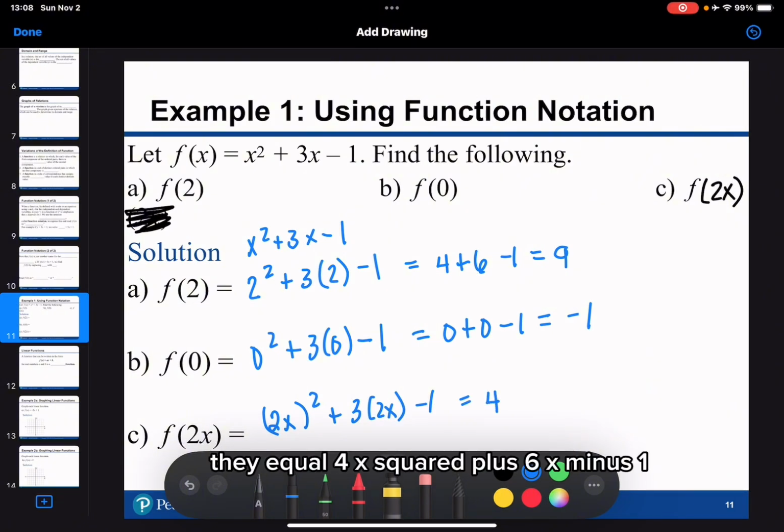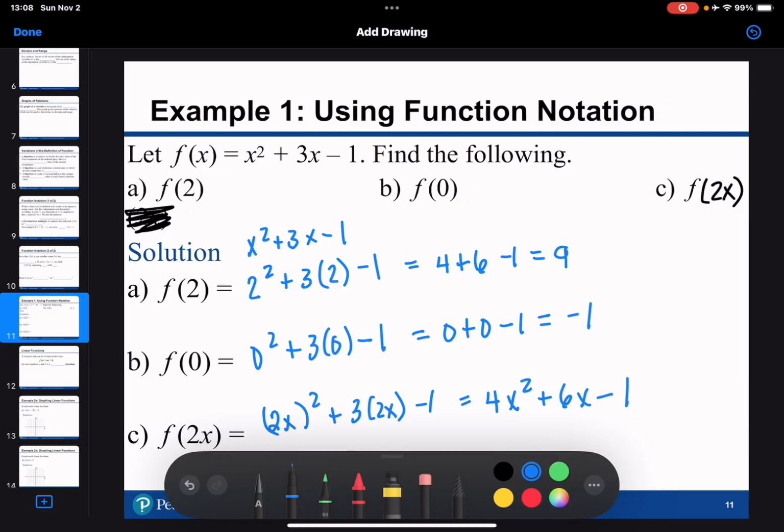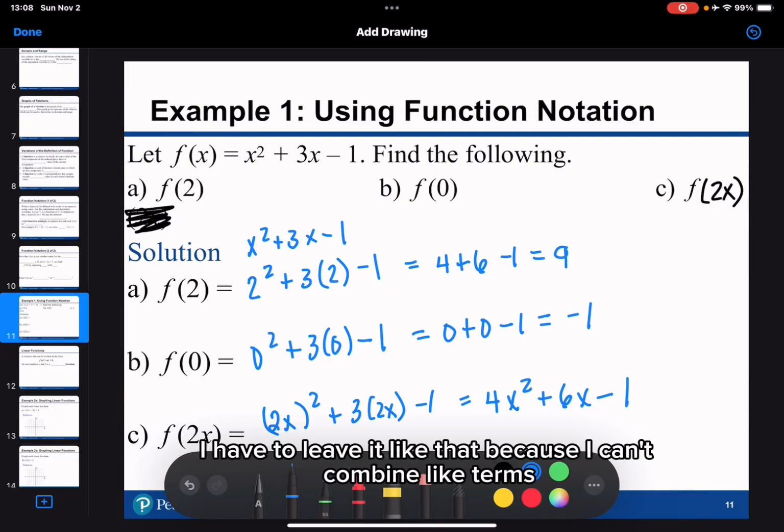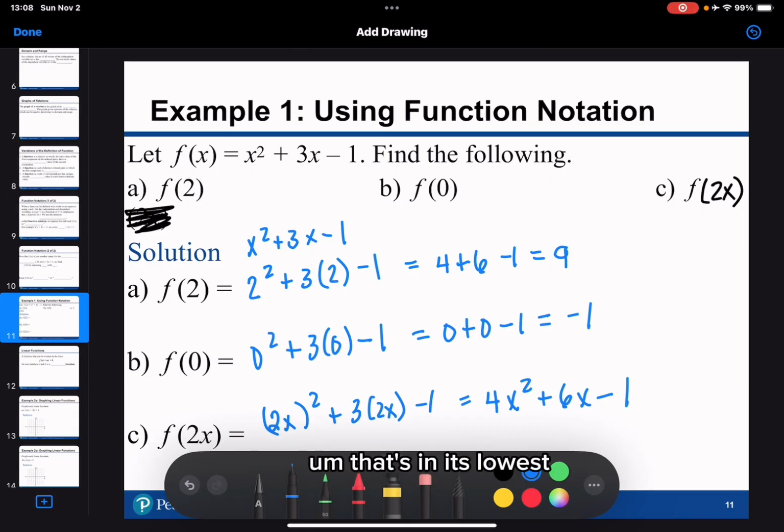That equals 4x squared plus 6x minus 1. So if you notice, I have to leave it like that because I can't combine like terms. That's in its lowest written state of degree.